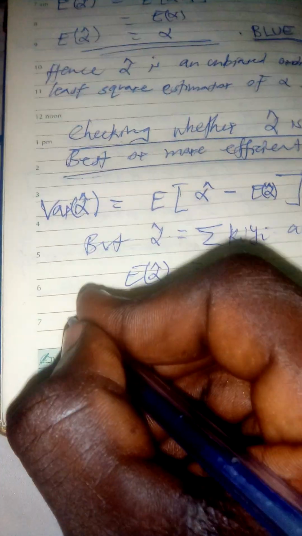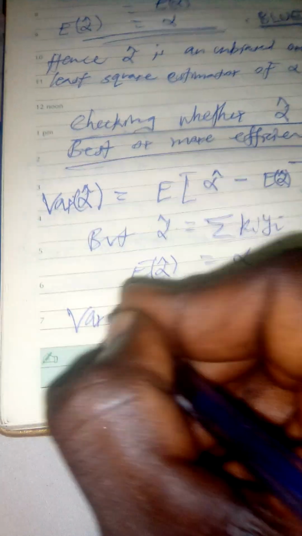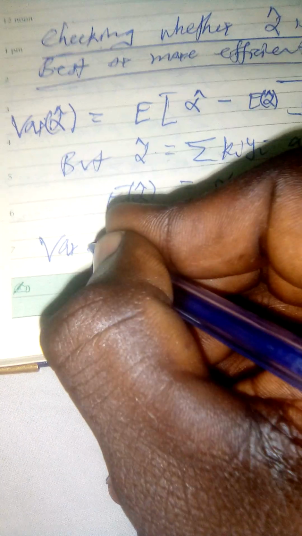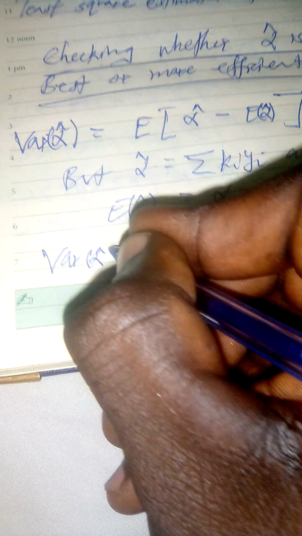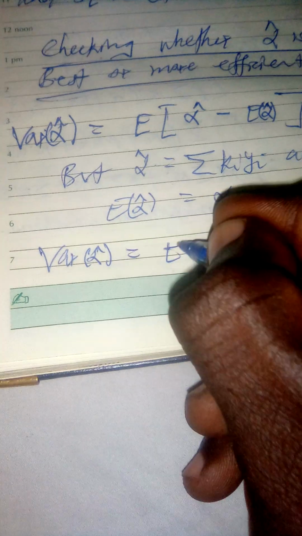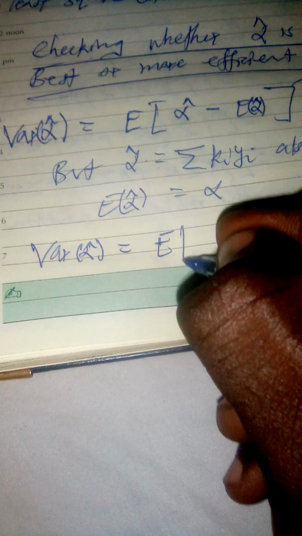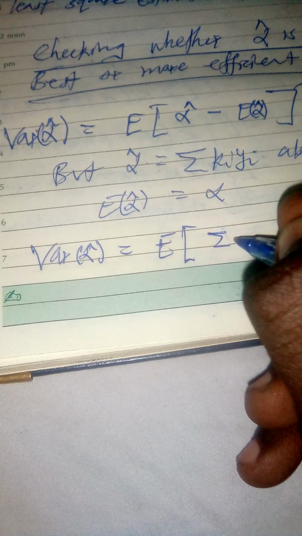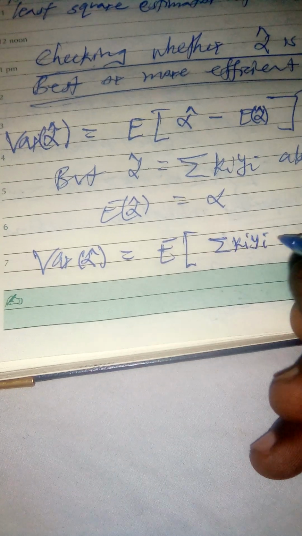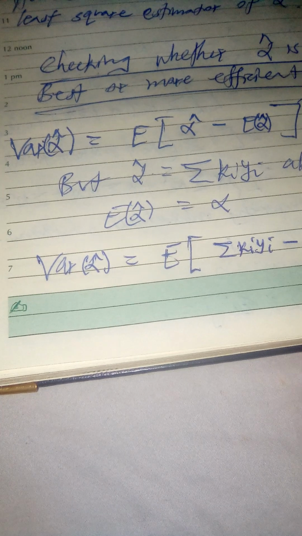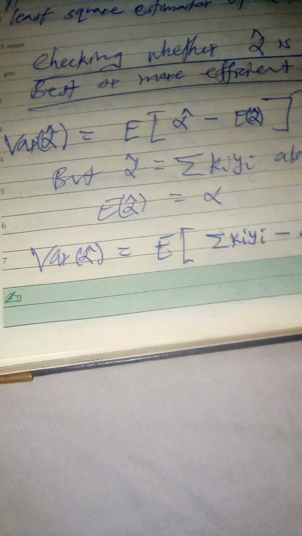So the variance of alpha hat is the expectation of the summation of ki yi minus alpha, the whole squared.